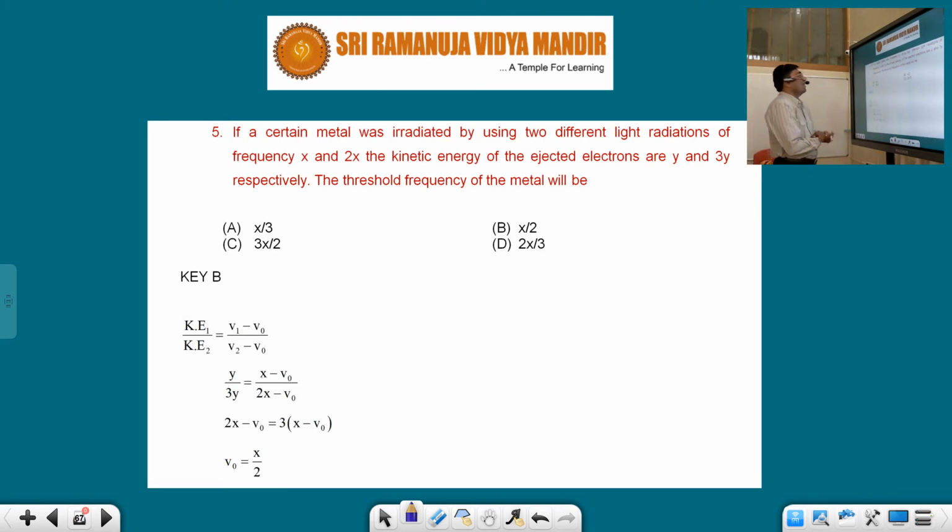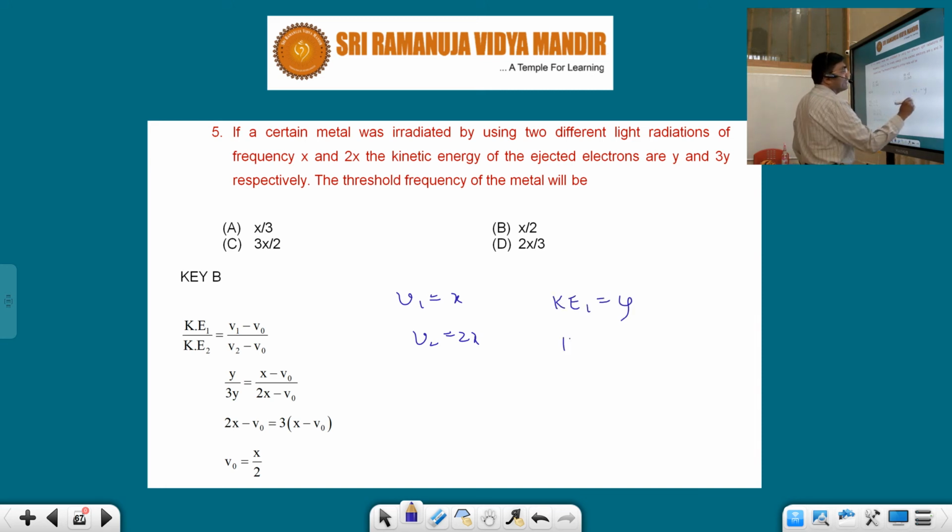Similarly, it's a very important question. If a certain metal was irradiated by using two different light radiations of frequency x and 2x. So ν₁ is given as x, ν₂ is given as 2x. The kinetic energy of the electrons, that is Ke1, is given as y, Ke2 is given as 3y.